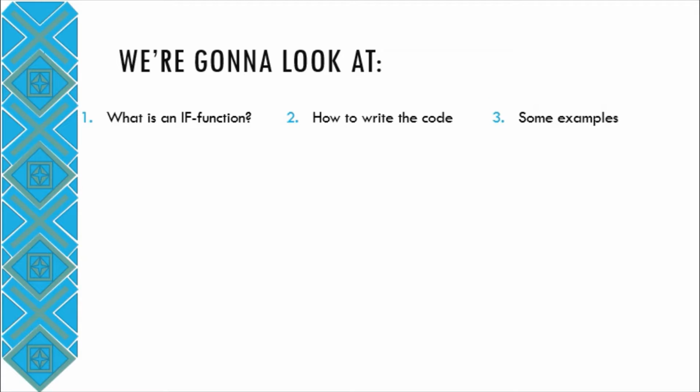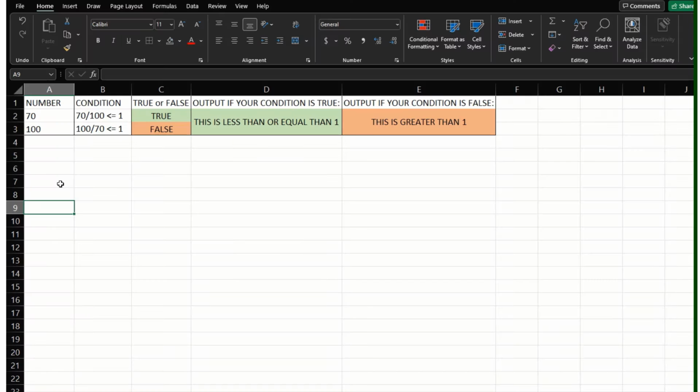An if function is something you can use to display an output depending on whether a condition or statement is true or false. Let's say you want to find out whether 70 and 100 divided by each other is less than or equal to 1.